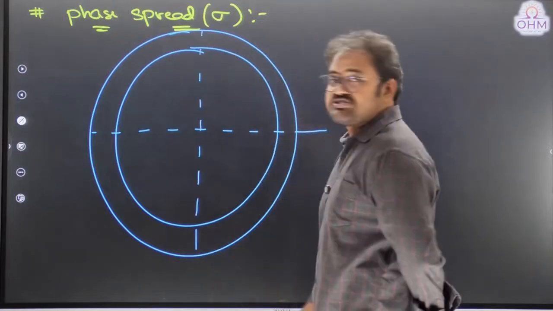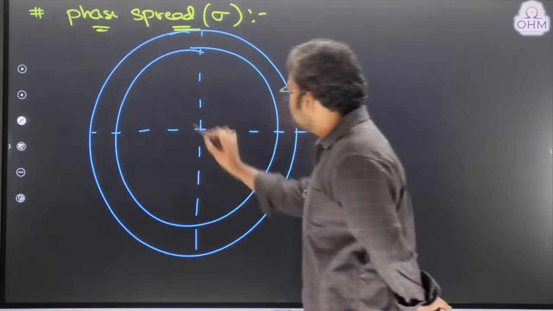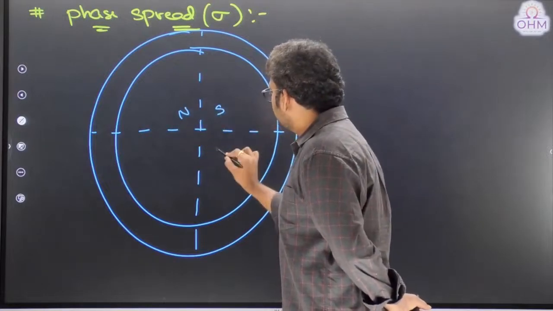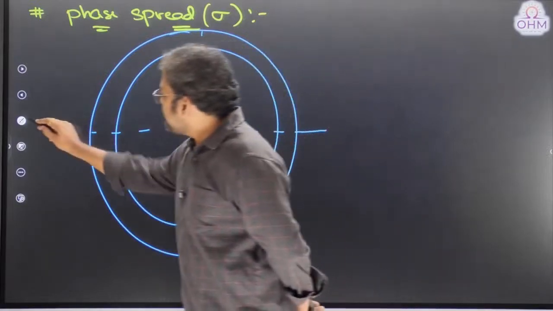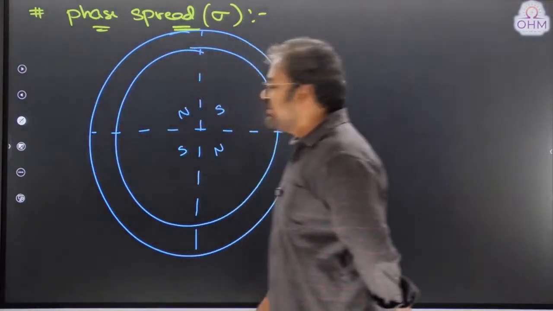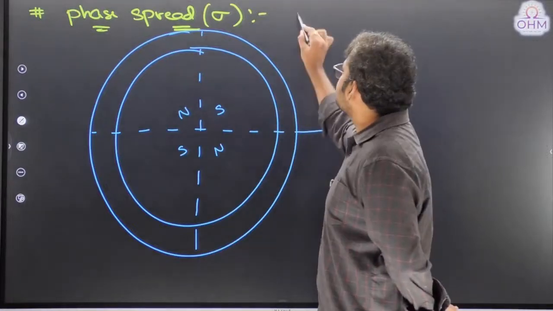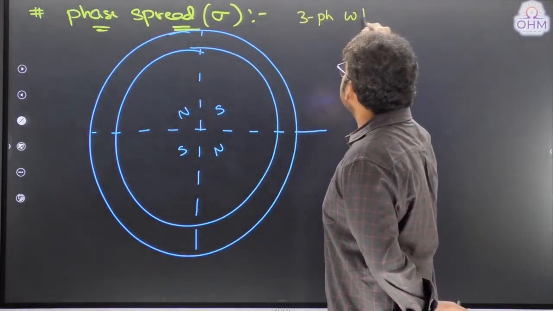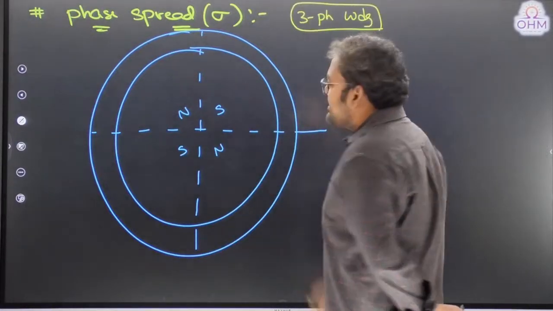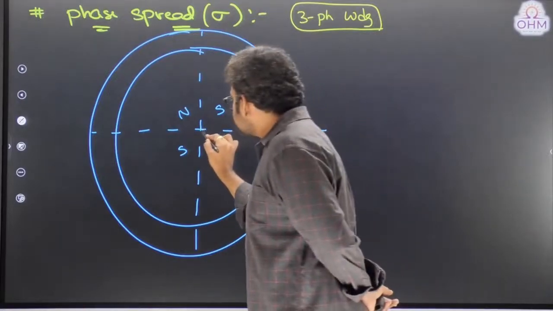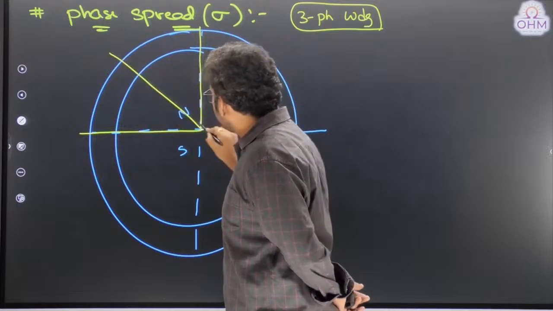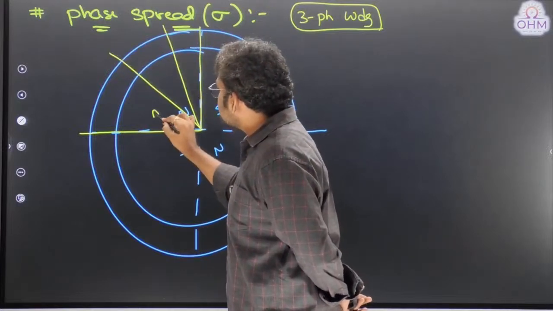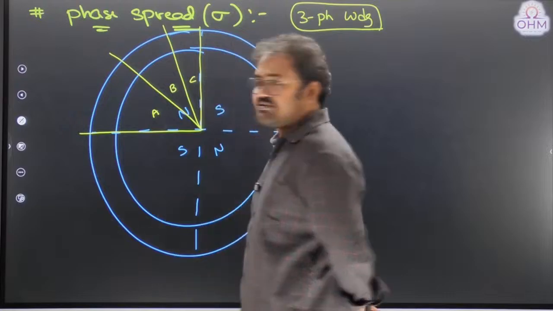That's why I divided the machine into 4 parts: North Pole region, South Pole region, North Pole and South Pole. Every pole region I need to divide into 3 equal parts because the machine is a 3-phase machine. Let us say this is phase A part, B part and C part.